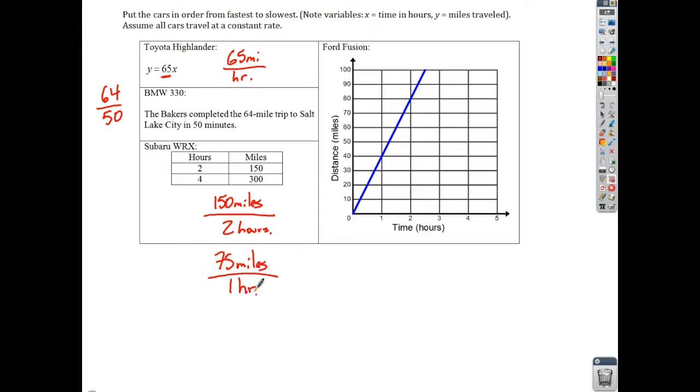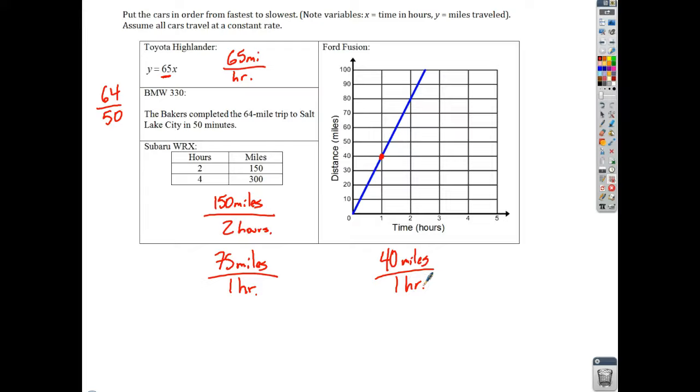And then the Ford Fusion, in 1 hour is traveling 40, so this would be 40 miles for 1 hour.